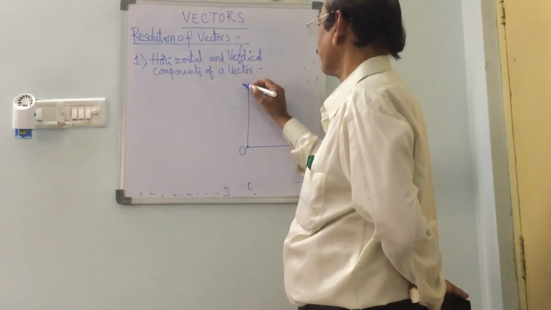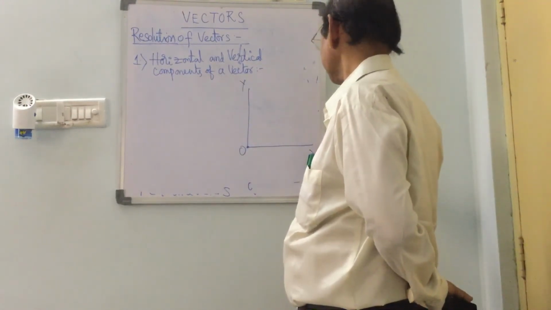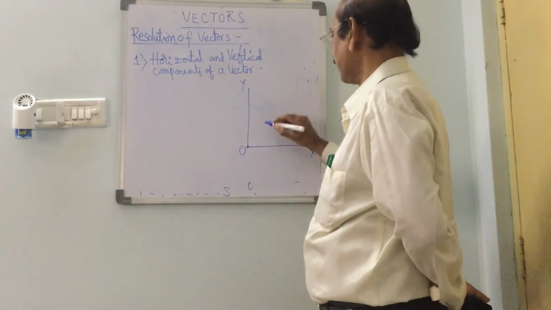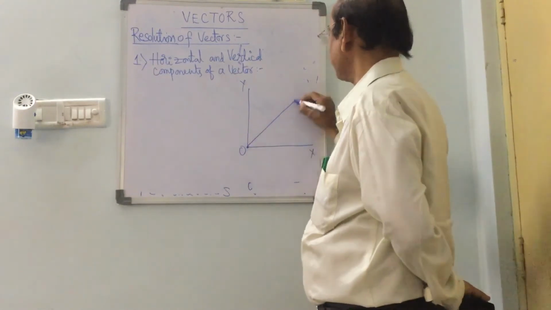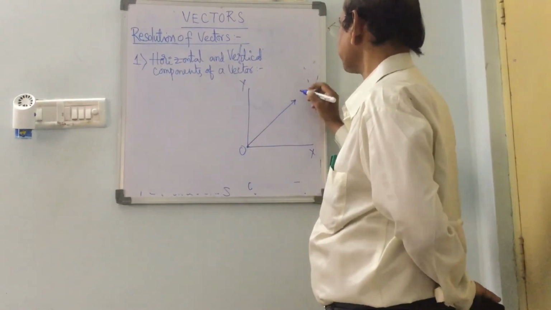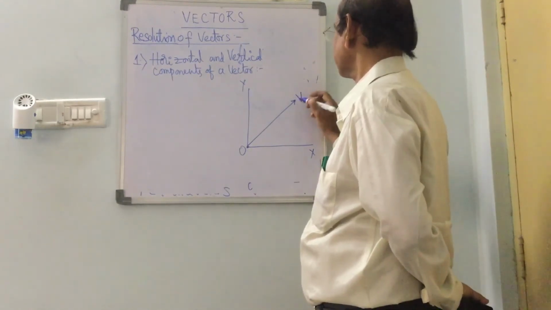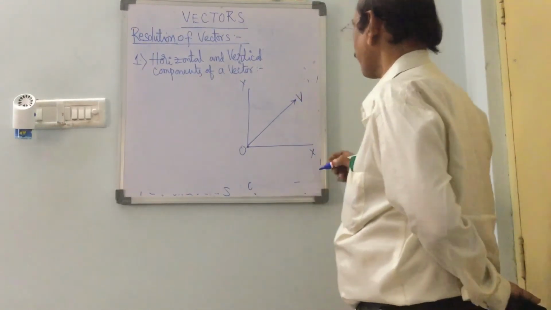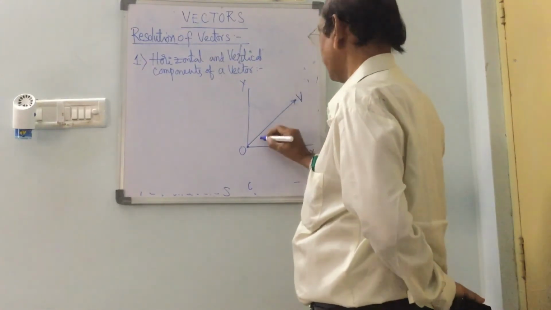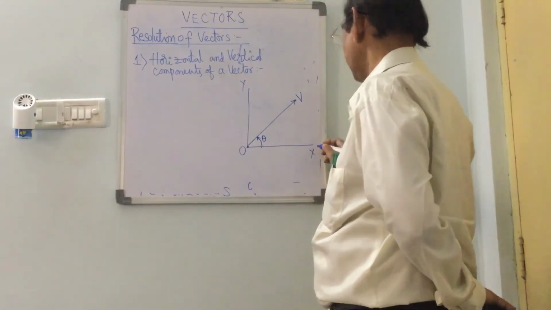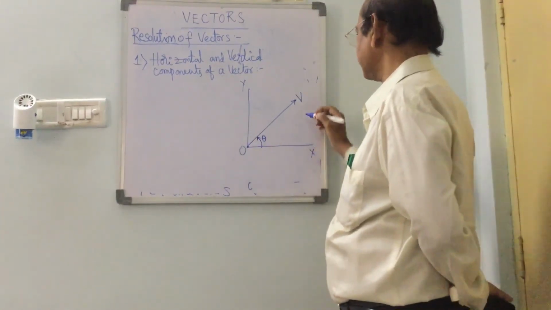Consider xy plane and consider a velocity vector like this. Let it make an angle theta with the horizontal axis OX.